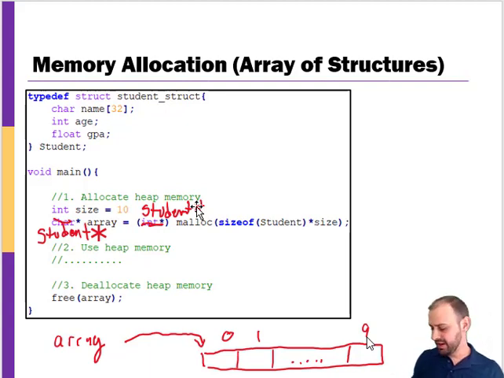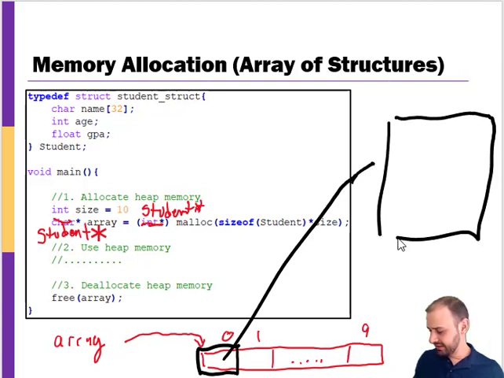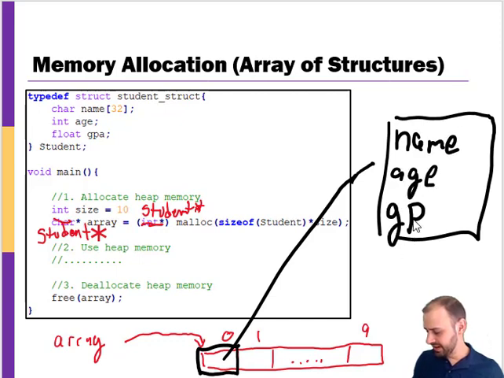Each one of these elements, if we were to zoom in on one of them, is going to contain a name, an age, and a GPA. So it's going to contain each one of those data types at every location in the array.